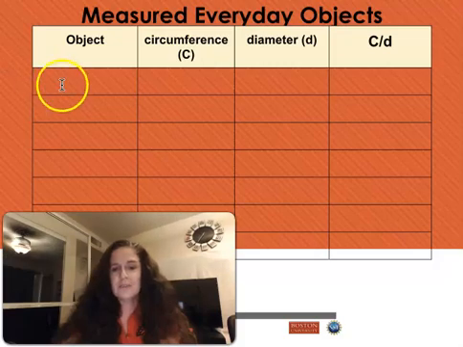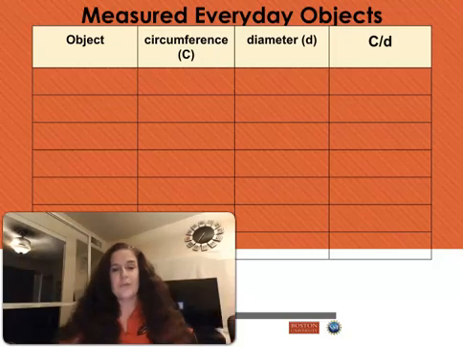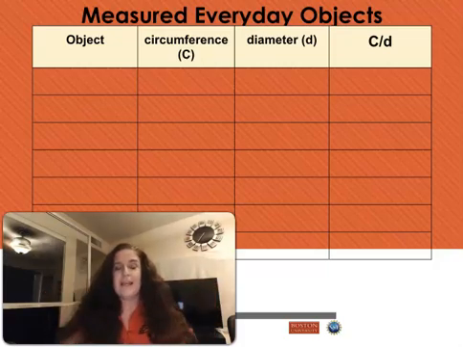So you'll get a table like this. If you're in class, you'll just list the objects that I have. For the circumference, that is you measuring the circumference with those wiki sticks or that yarn. Same with diameter. You're measuring the diameter. And we always measure in metric, so you're going to measure in centimeters.